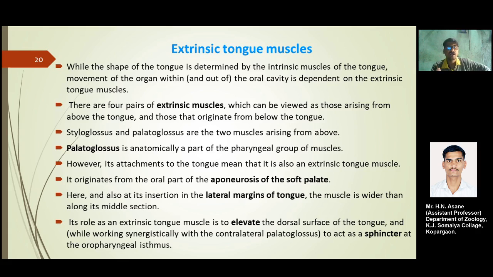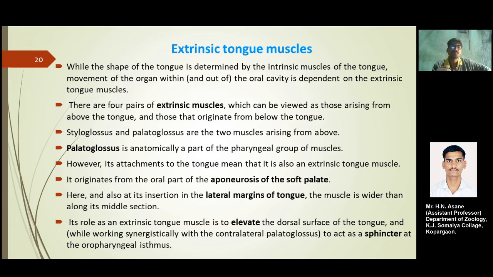We have seen the longitudinal muscles from root to apex, but now we are going to see the extrinsic tongue muscles that rise from your ventral surface, pass your longitudinal muscles, and make their way to the posterior side. These are the anterior-posterior muscles, the extrinsic tongue muscles. There are four pairs of extrinsic muscles, viewed as those arising from above the tongue and those that originate from below the tongue.